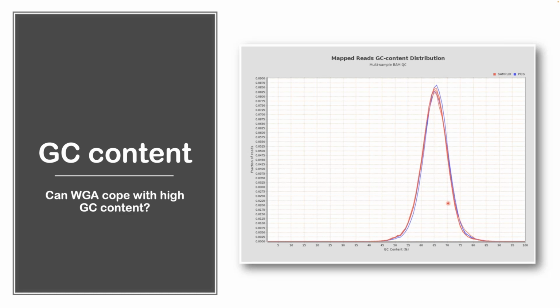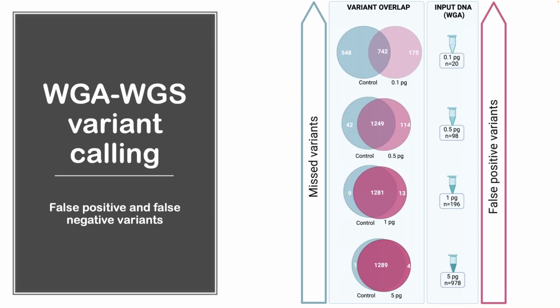And remarkably, we observed no discernible differences in the GC content among the various samples. And this uniformity in GC content suggests that droplet-based whole genome amplification maintains the integrity of the original DNA sequences without introducing significant biases in GC composition.